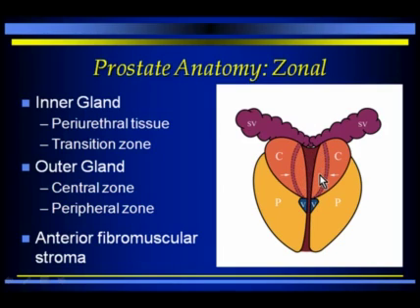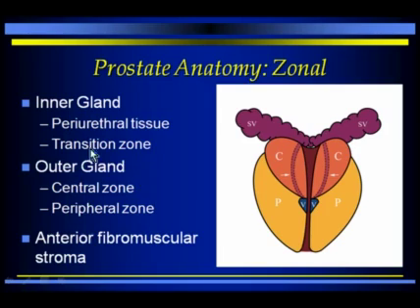So in a normal teenager, probably no more than 5% of the volume of the prostate consists of this periurethral tissue and its transition zone material. The outer gland is a much more substantial part of the prostatic volume. And that consists of the central zone, which is present from the base of the prostate up to the verumontanum, and the peripheral zone.